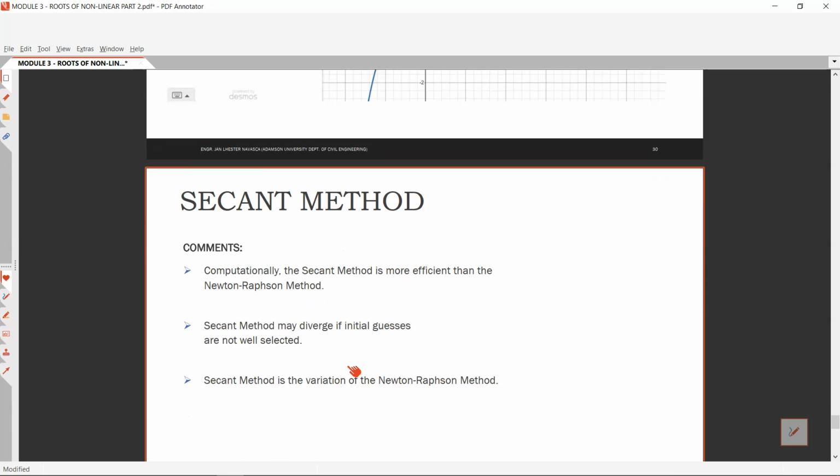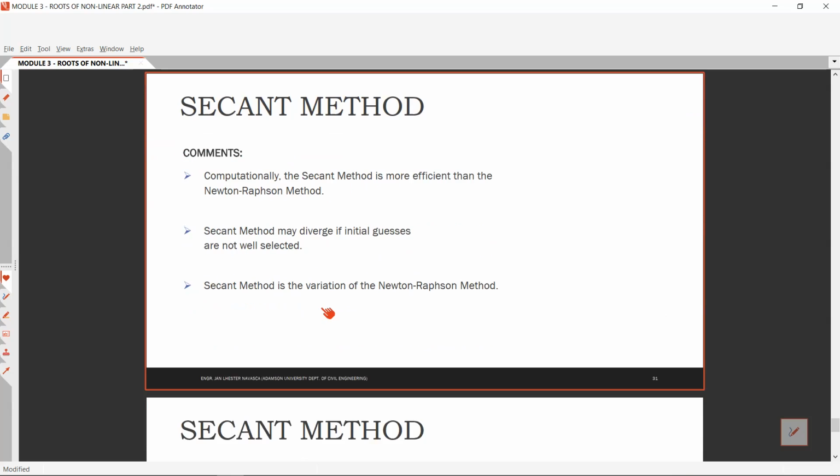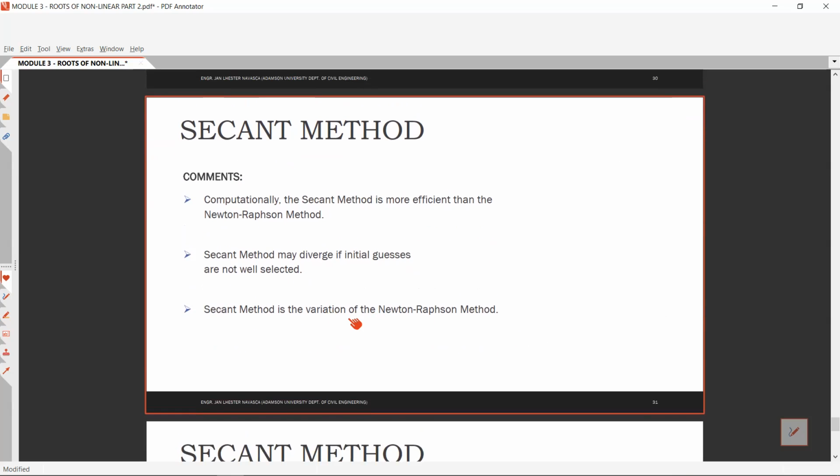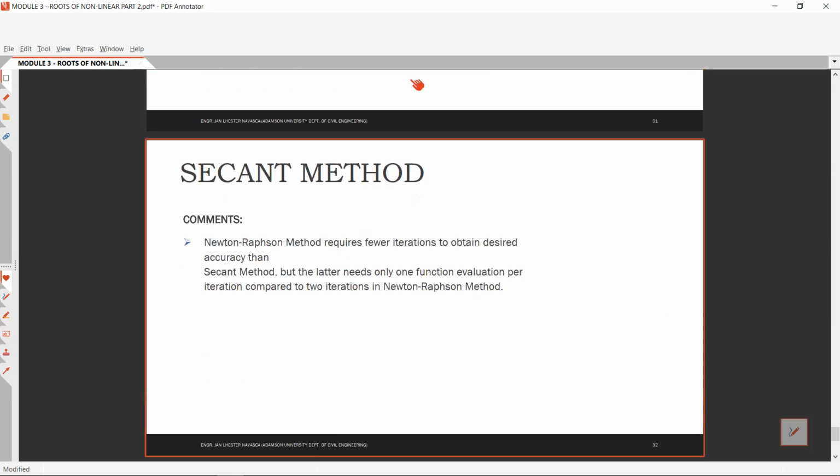Okay? Then, the second method is a variation of the Newton-Raphson method, since it was derived from the Newton-Raphson method. Okay? So, last, the Newton-Raphson method requires fewer iterations to obtain the desired accuracy than the second method.